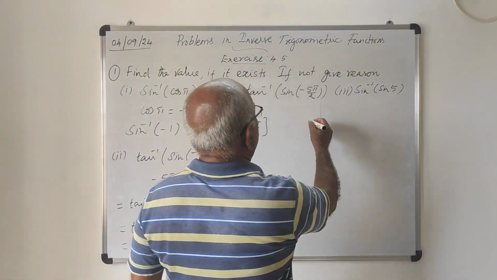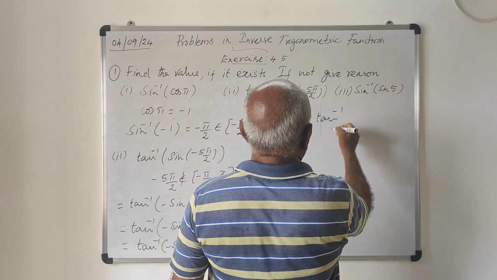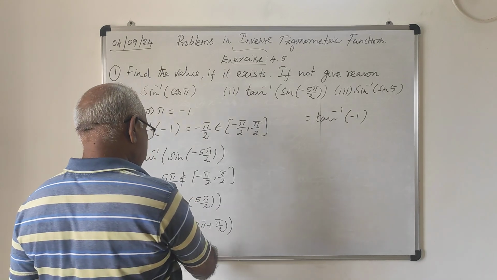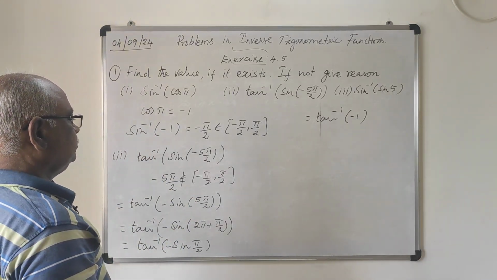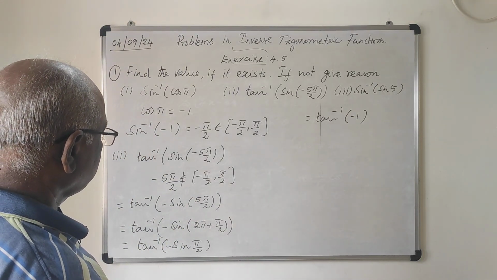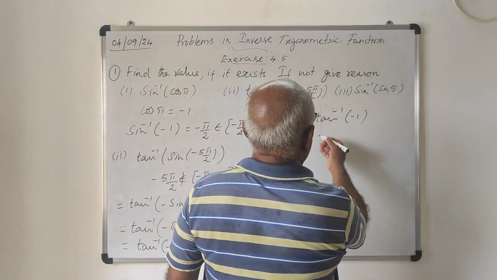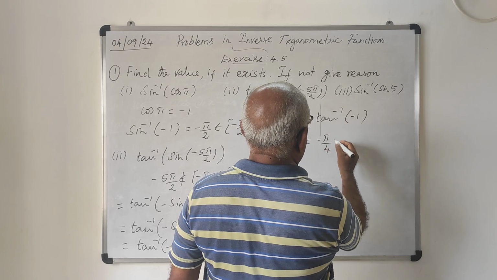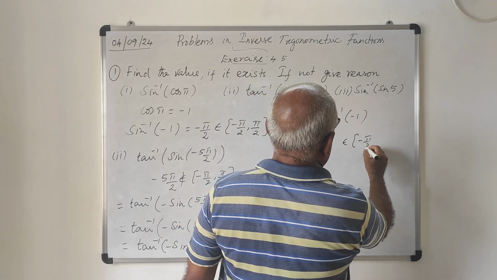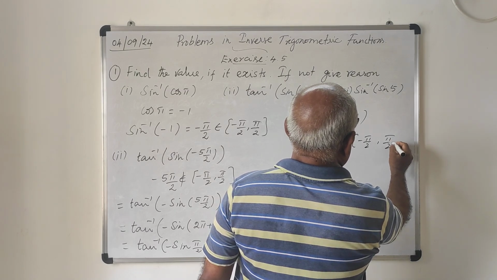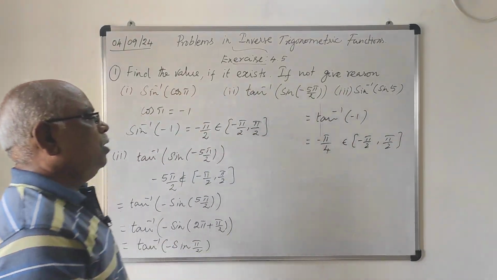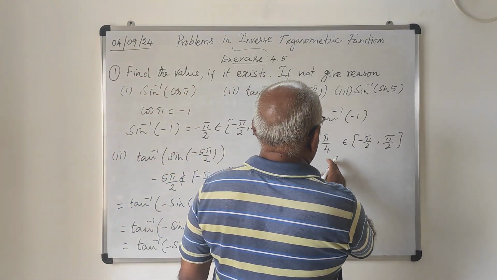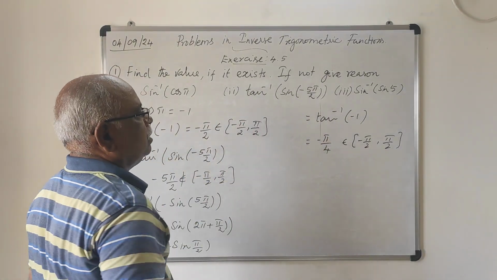So this is tan inverse of minus 1. Okay. Again this is equal to tan inverse of minus 1, which is minus pi by 4. It belongs to the interval minus pi by 2 to pi by 2. So the answer is minus pi by 4. Okay. This is the answer for the second one.